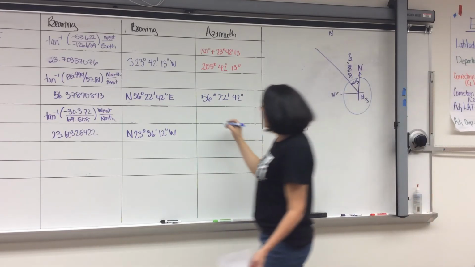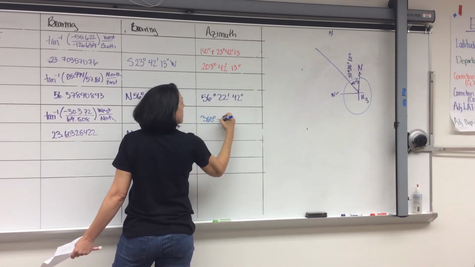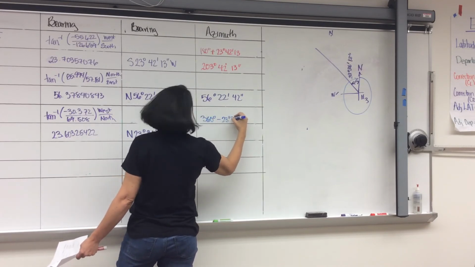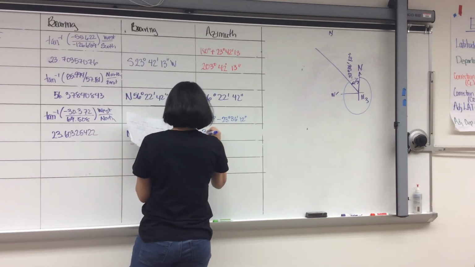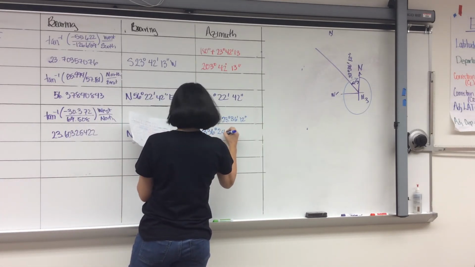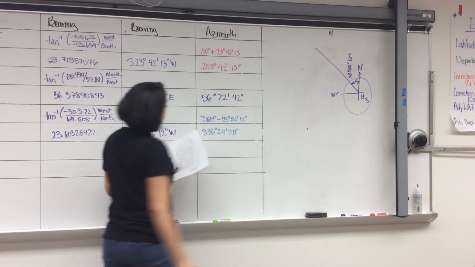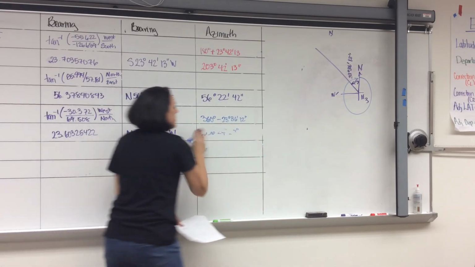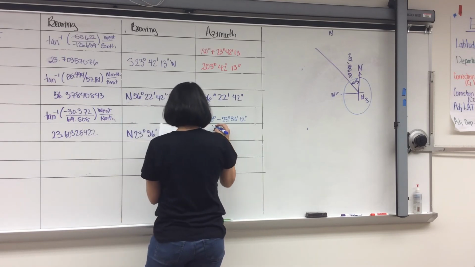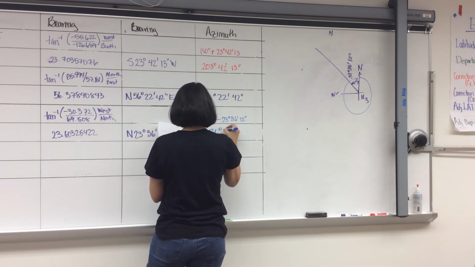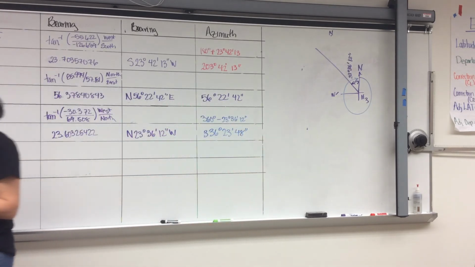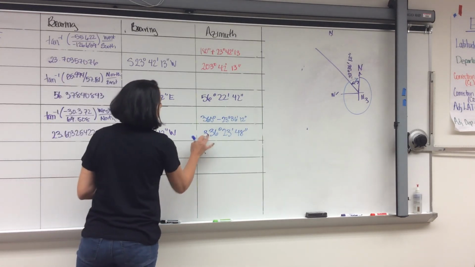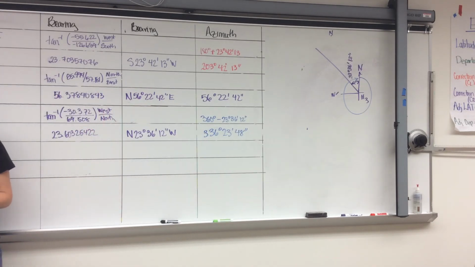So I'm going to take 360 degrees and subtract 23, 36, 12 from it, and I'm going to get 336, 23, 48. I keep writing the original down, I am so sorry, people. I can't read my own writing. The original was 336, 24, 20. So there's not a lot of difference, but now we know that we're 100% accurate.